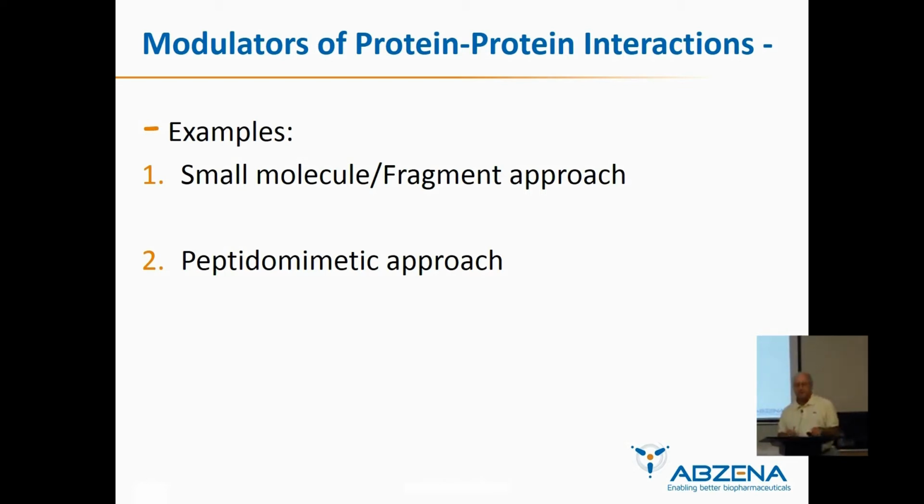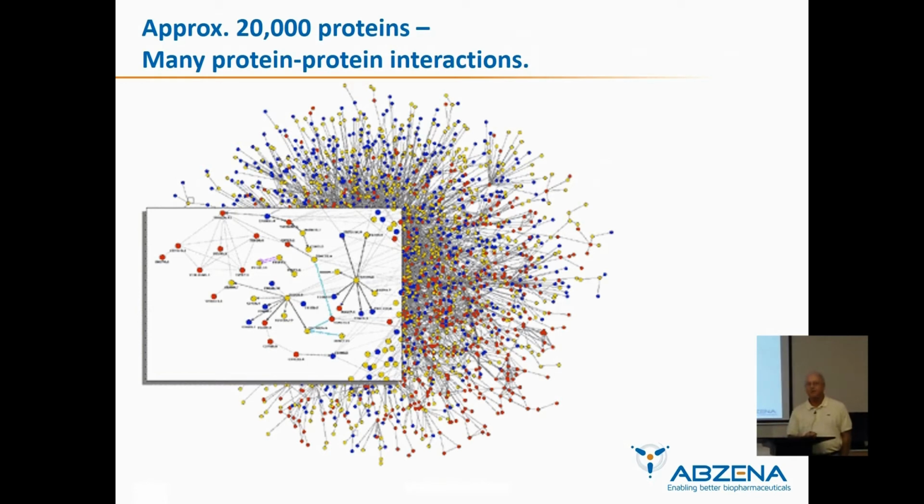So this slide is just meant to wow you with the large number of protein-protein interactions that are occurring in the cell. We now know that there are about 20,000 proteins in the cell, and almost every protein interacts with at least one or sometimes many other proteins.